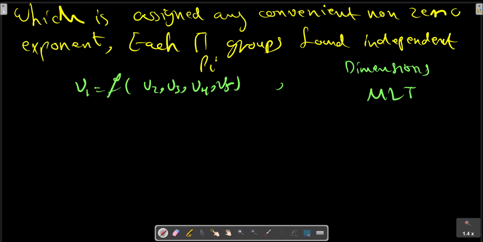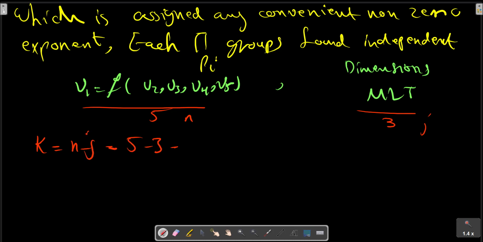So in this case the number of dimensions is 3 and the number of variables is 5. So k equals n minus j, 5 minus 3, 2. So there are only 2 pi groups.